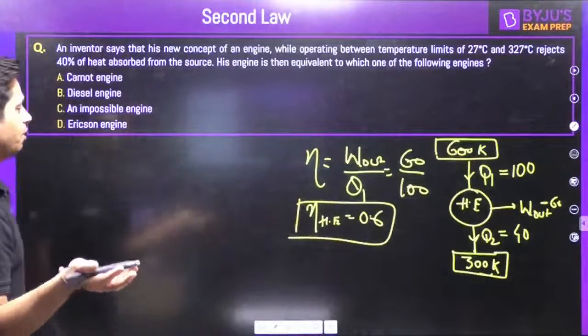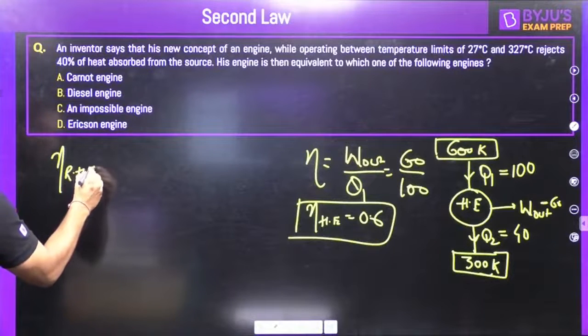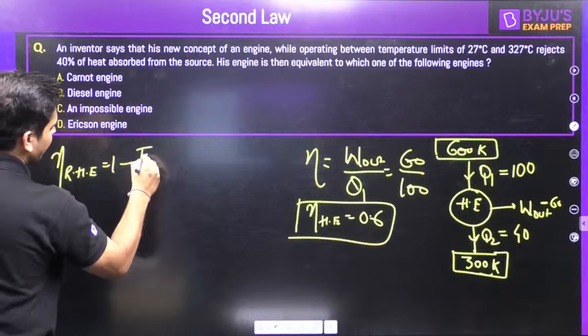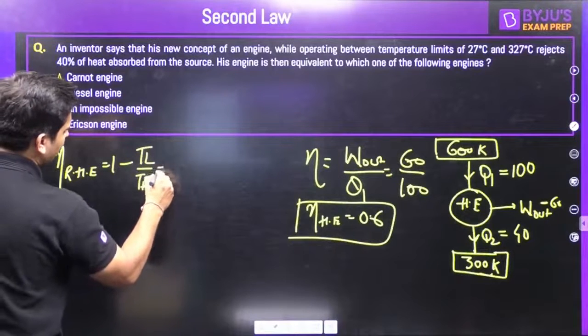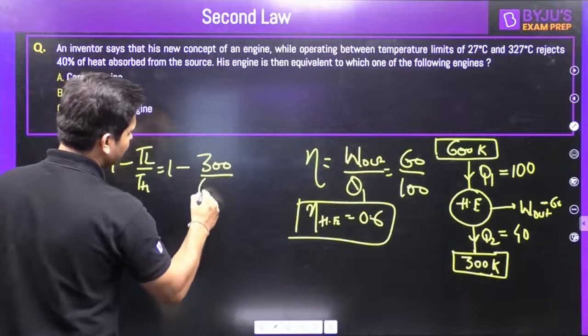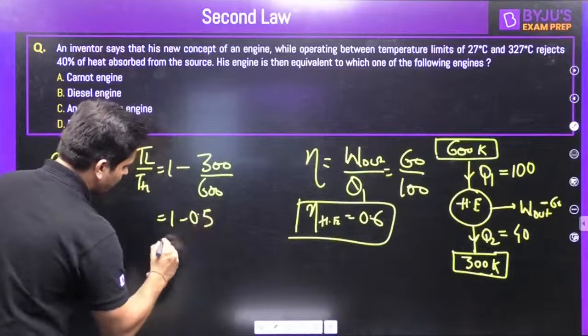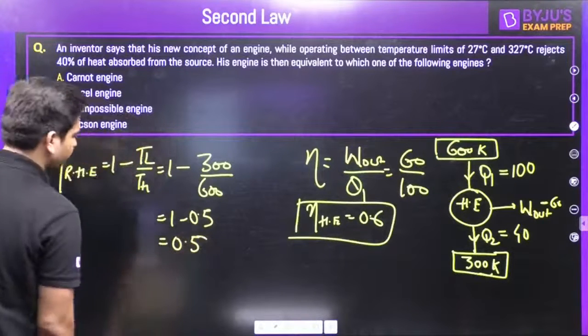But if I talk about a reversible heat engine, then it will be 1 minus TL upon TH. 1 minus 300 by 600, 1 minus 0.5, 0.5.